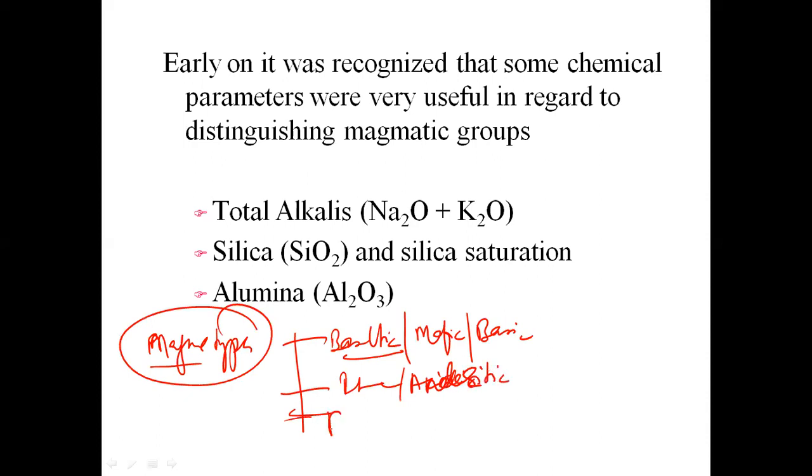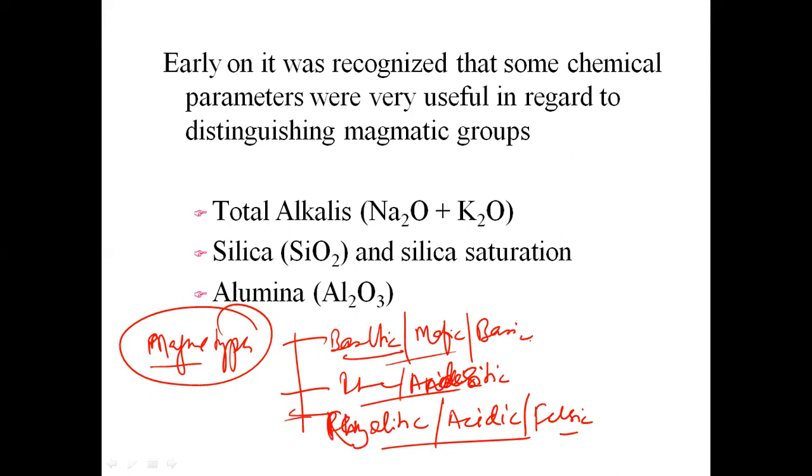And we have felsic, rhyolitic magma, or acidic magma, or felsic magma. Granitic magma.